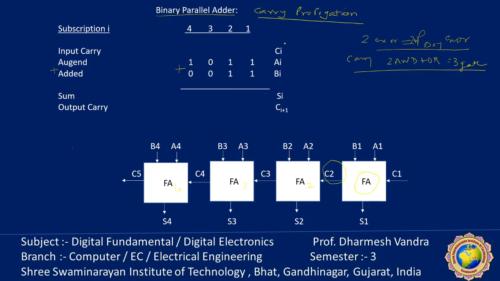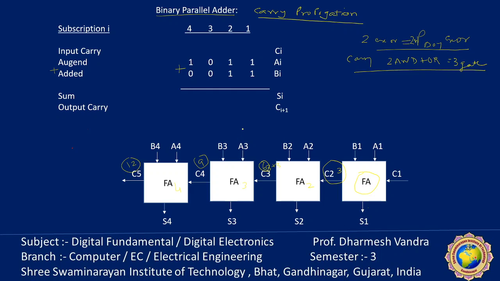So today we will discuss this carry propagation. The longest propagation delay in a parallel adder is the time it takes for the carry to propagate through the full adders. Suppose C2 is generated after 3 gate delays, C3 is generated after 3 plus 3, which is 6, C4 is generated after 9, and C5 is generated after 12 gate delays.